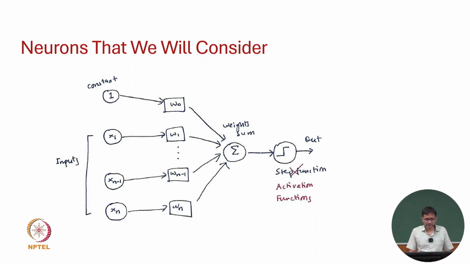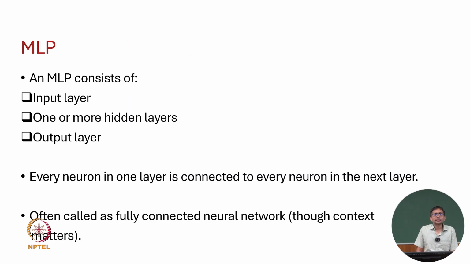If you look at the picture, you'll see clearly that instead of the step function, we are using some activation function. A couple of them we will mention later. Thus, we have the MLP, which consists of an input layer, one or more hidden layers, and an output layer.